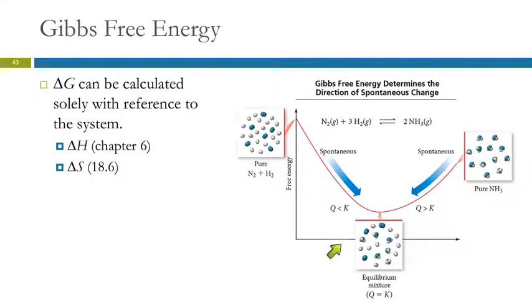So here's an energy diagram. Free energy, the Gibbs free energy, and reaction progress, I suppose you could say. So here you've got nitrogen and hydrogen. Here you have an equilibrium mixture, and over here you have pure ammonia. And what will naturally happen is this reaction will end up at an equilibrium, which corresponds to the lowest Gibbs free energy for that system.